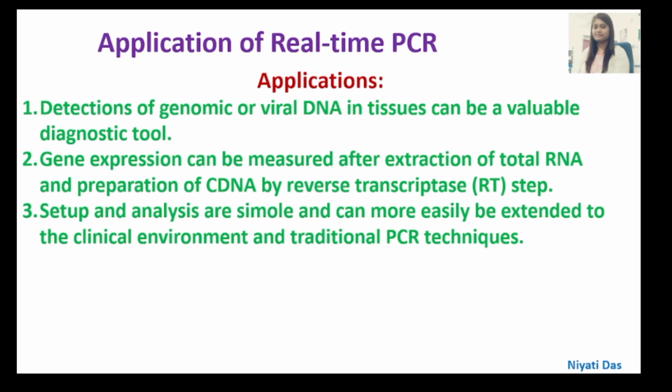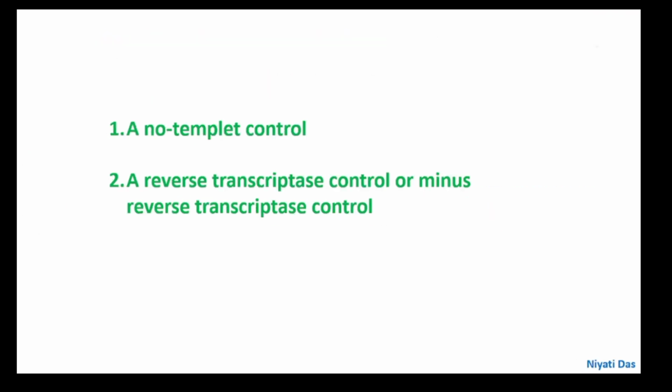In microbiology, it is used for the identification of new microbial species. In research, it helps in understanding biochemical and signaling pathways. In clinical quantification and genotyping, it is used for the assessment of viral load in patient groups, like hepatitis B. These are the applications of real-time PCR.